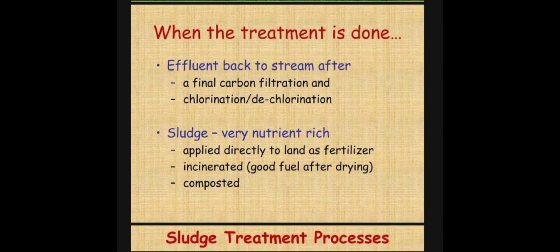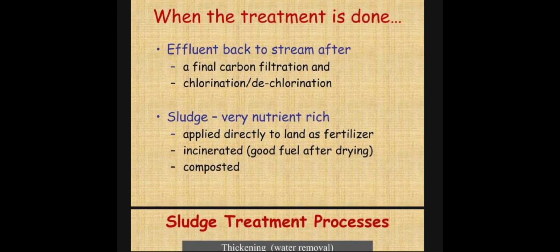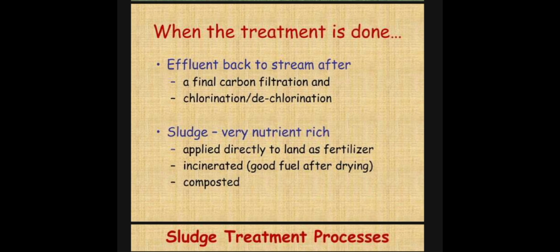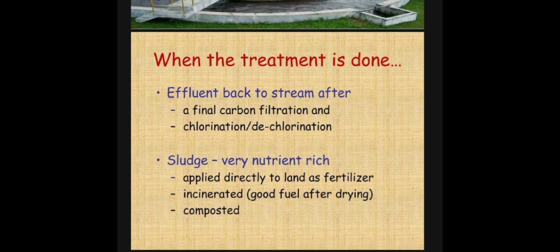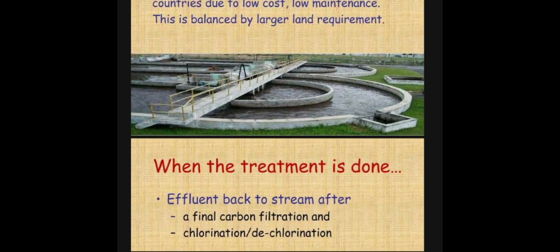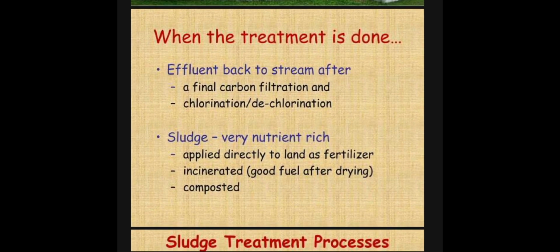When the treatment is done and the water goes back to the stream, after a final carbon filtration and chlorination, dechlorination will be done for this treated water. After the oxidation pond, there might be some amount of chemicals, not bacteria, so we need to add chlorination.